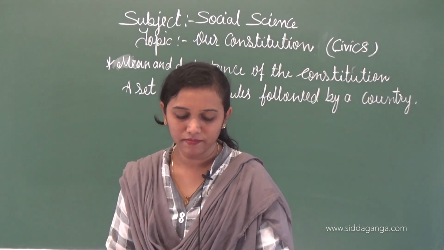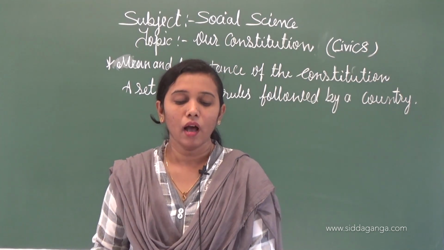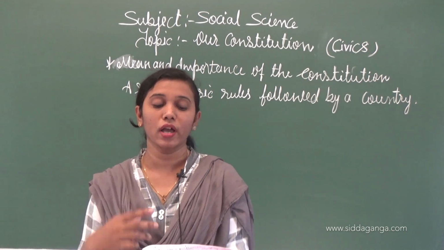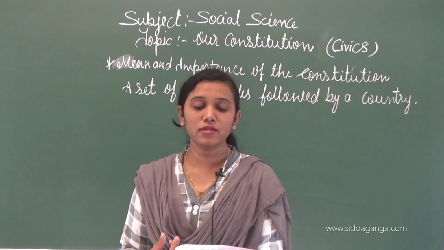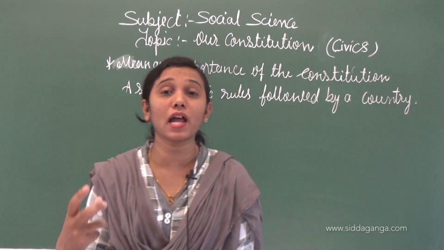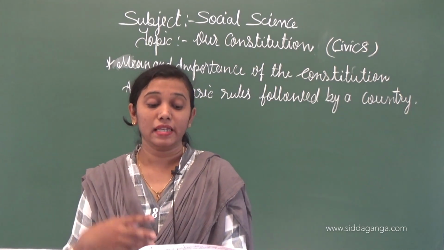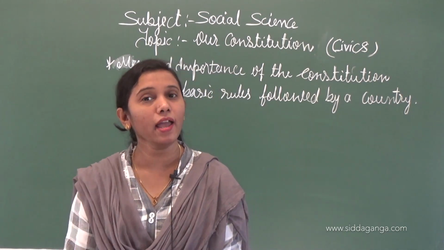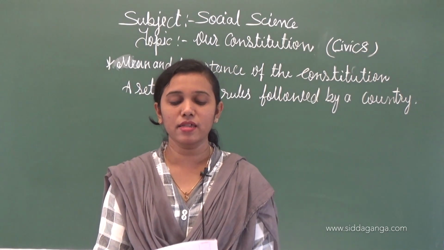Next, we see here a document containing laws and rules which determine and describe the form of the government. The relationship between the citizens and the government is called a constitution. Once again, listen here, children.